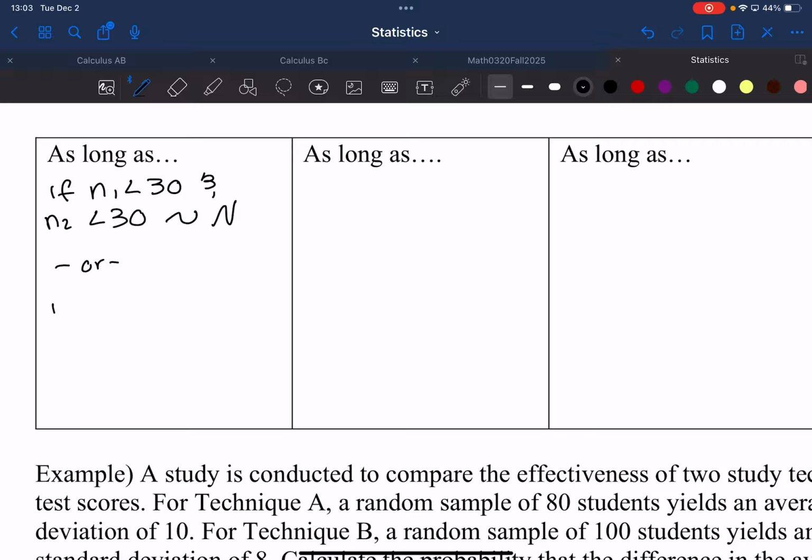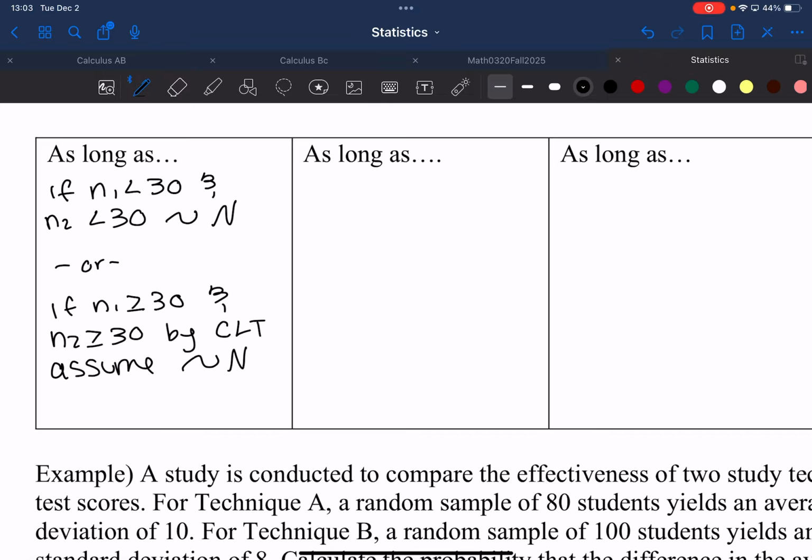Or if n1 is greater than or equal to 30 and n2 is greater than or equal to 30, then by the central limit theorem, we assume that it's approximately normal. Notice that these are not a mix and match thing. We're not saying if sample 1 is less than 30, but sample 2 is greater than or equal to 30, then we can assume approximately normal. That would not be the case.